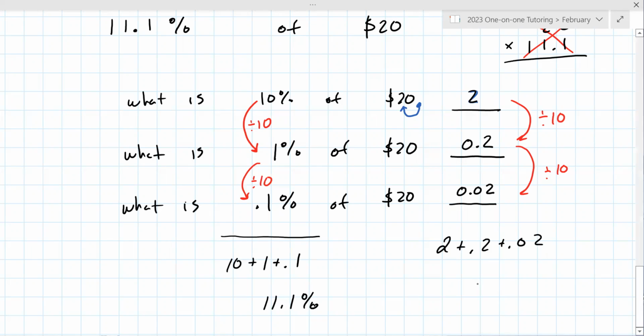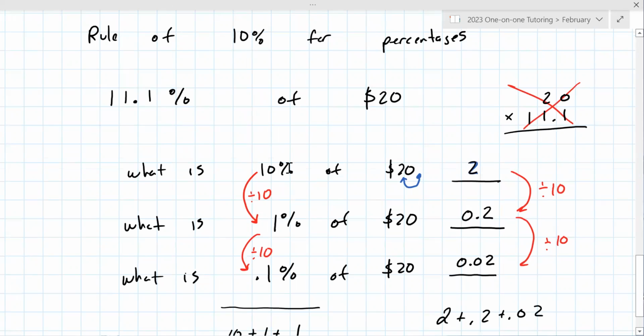It would be 2.22. You got it. Very good. So just to summarize, we broke down 11.1% into 10%, 1%, and 0.1%.